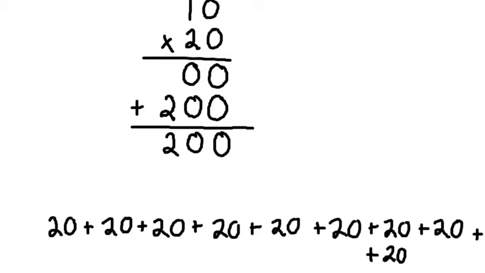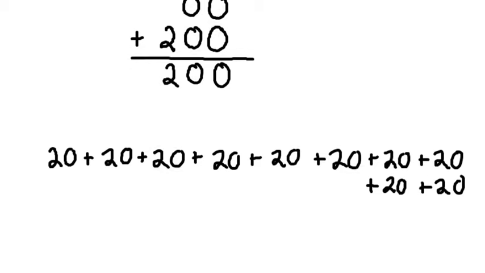1, 2, 3, 4, 5, 6, 7, 8, 9, 10. We can also do the problem in this method of 10 times 20 would be adding 20 together 10 times. So you can go 20, 40, 60, 80, 100, 110, sorry, 120, 140, 160, 180, and 200.